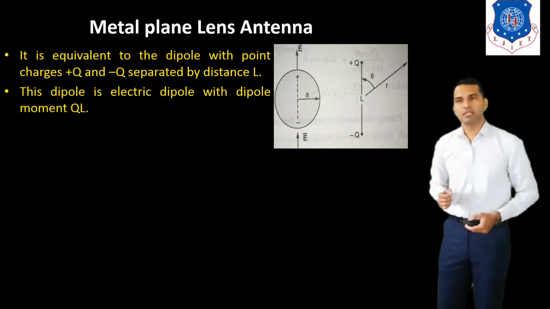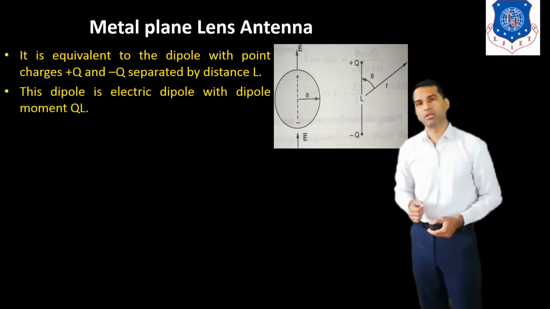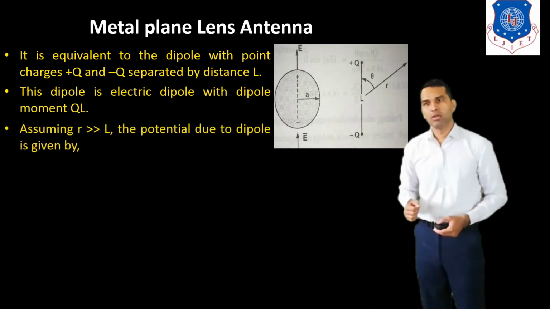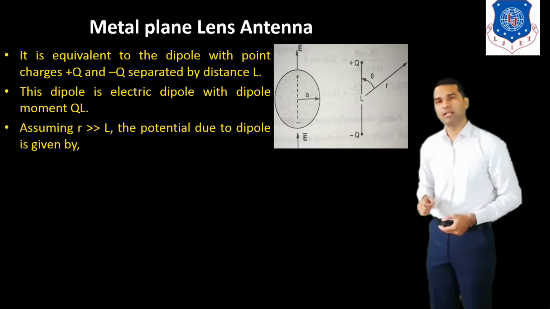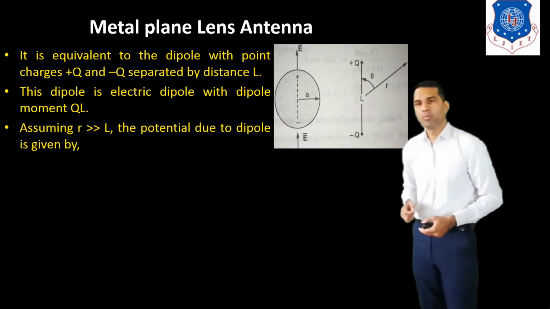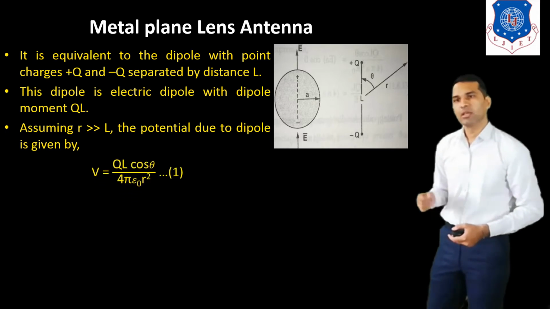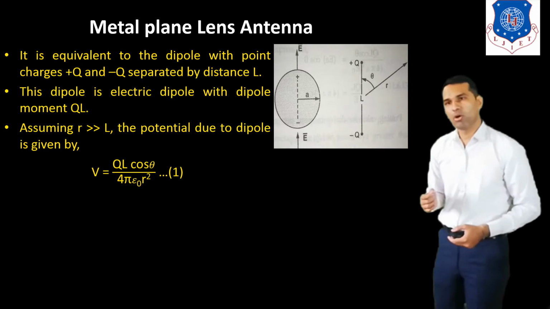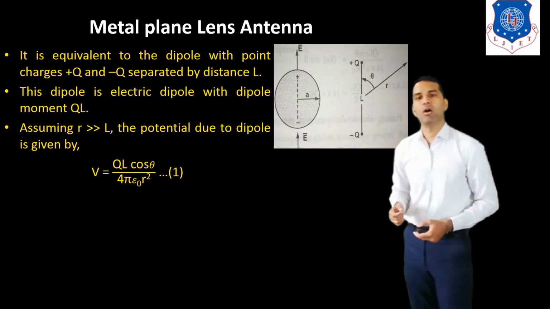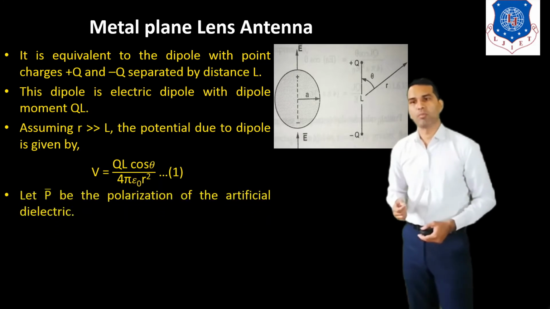This is an electric dipole with dipole moment q into l. Now we assume R is very much greater than l. The potential due to the dipole is given by V equals q l cos theta upon 4 pi epsilon 0 R square. So this is the equation for the potential of the dipole.